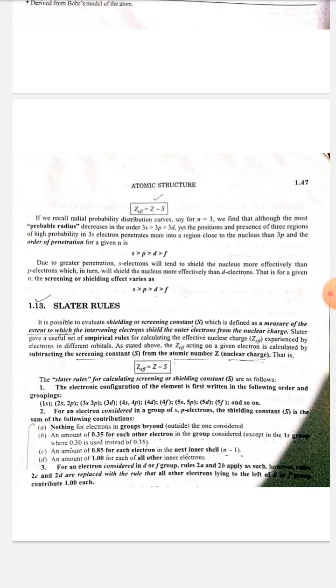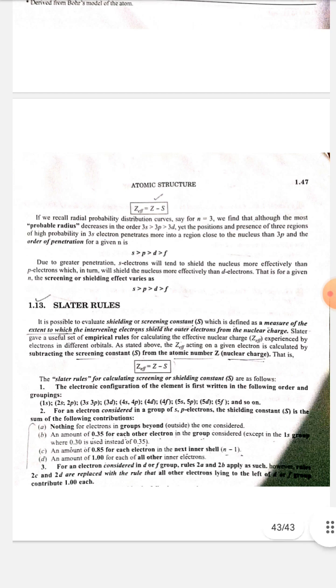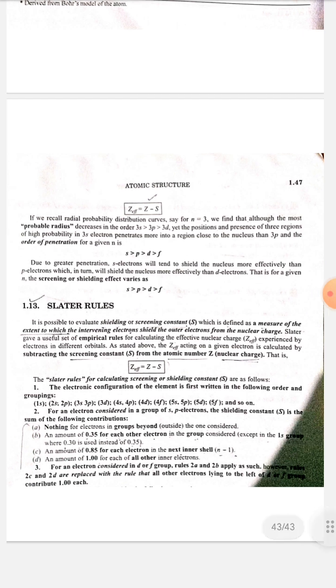A. Nothing for electrons in groups outside the one considered. B. An amount of 0.35 for each other electron in the group considered, except in the 1s group, where 0.30 is used instead of 0.35. C. An amount of 0.85 for each electron in the next inner shell, n−1. D. An amount of 1.00 for each of all other inner electrons.